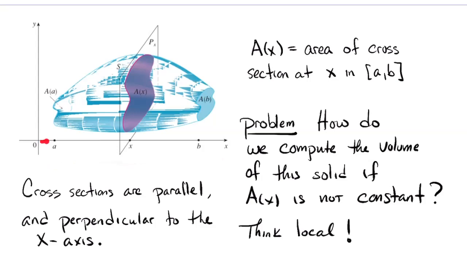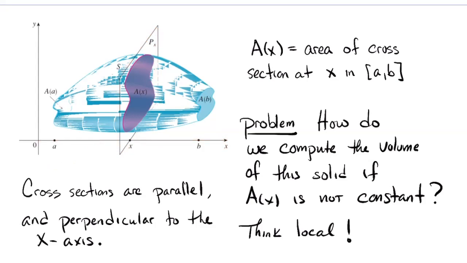For each value of x along some horizontal number line in this picture, if you take a cross section perpendicular to that number line, think of it as slicing the solid with a plane perpendicular to the x-axis, parallel to the y-axis. You slice that solid and it forms some region, shown there in what looks like a purple color to me.